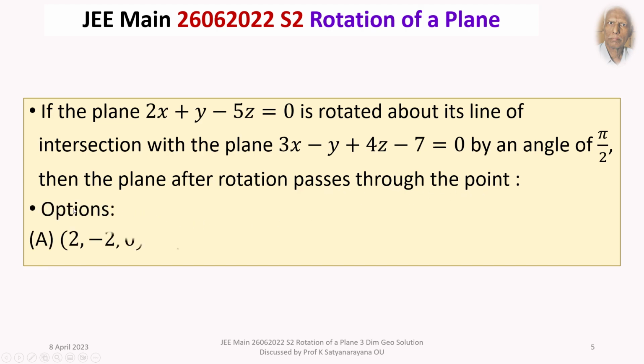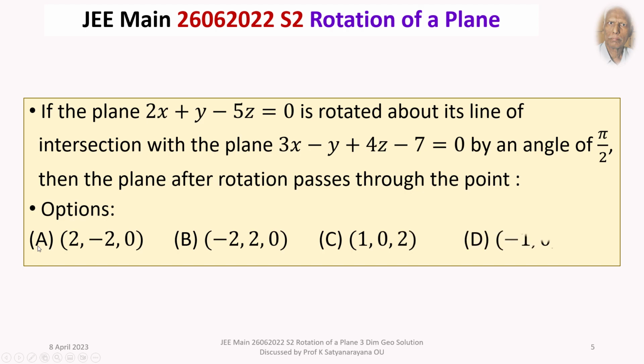We are given four options. Option A, the point with coordinates 2, minus 2, 0. Option B, minus 2, 2, 0. Option C, 1, 0, 2. Option D, minus 1, 0, minus 2.